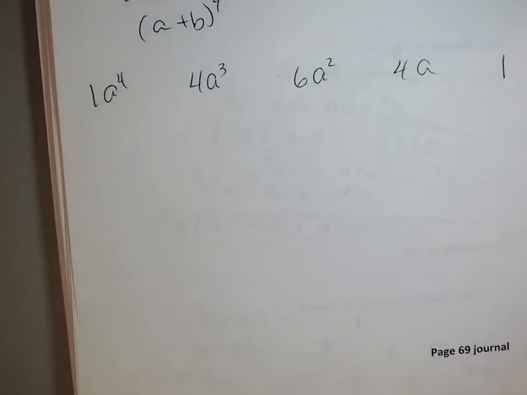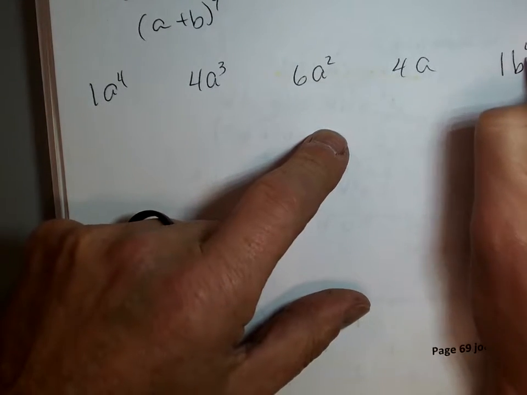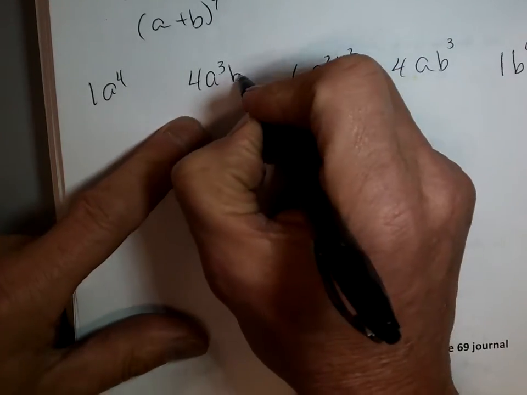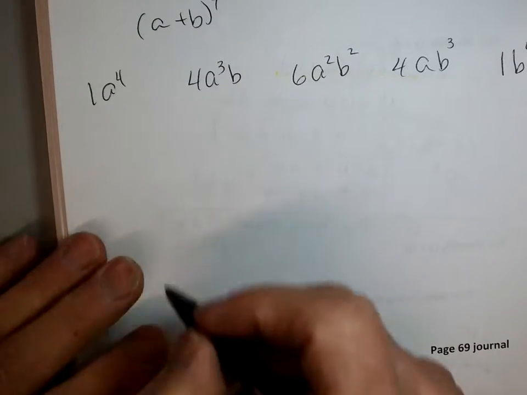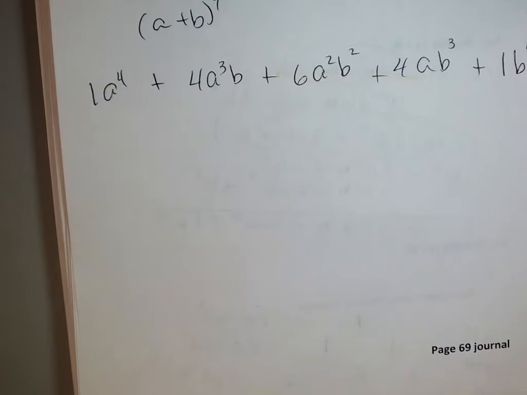You see the pattern, right? And then we go b to the 4th, b to the 3rd, b squared, b, and then no b, right? So far so good. Plus signs in between, plus, plus, plus, plus. Okay, how am I doing?